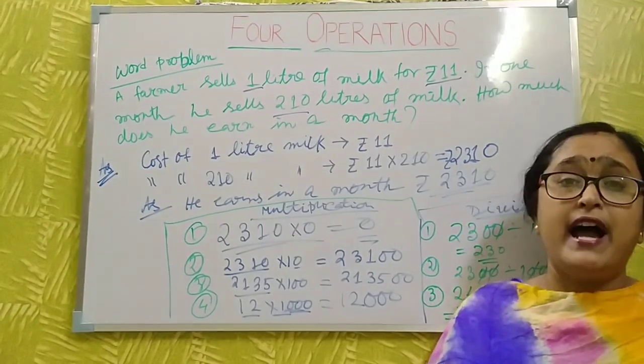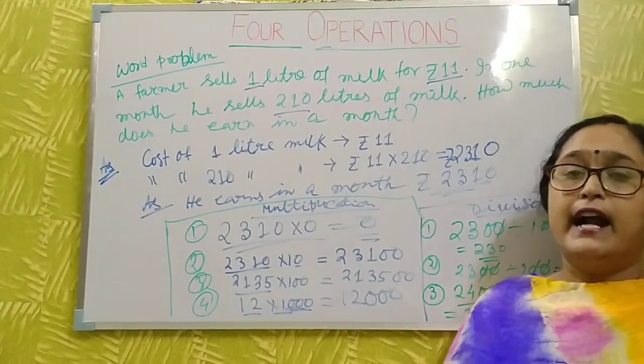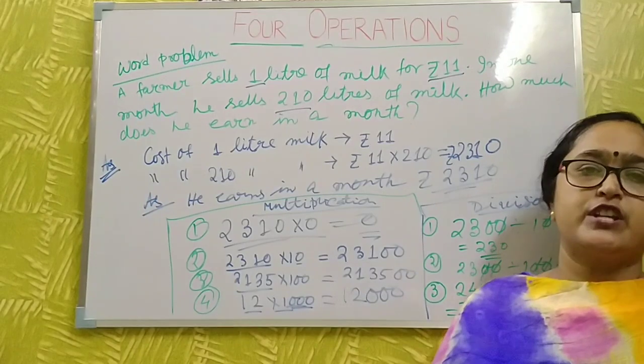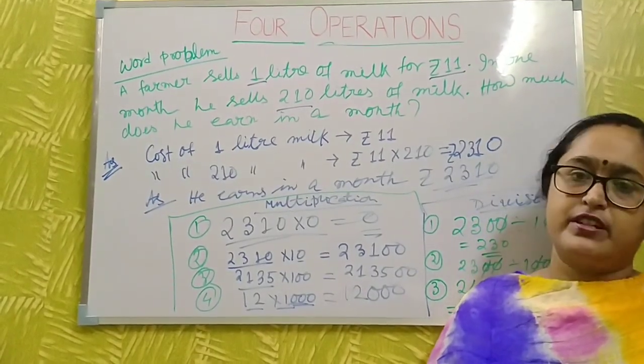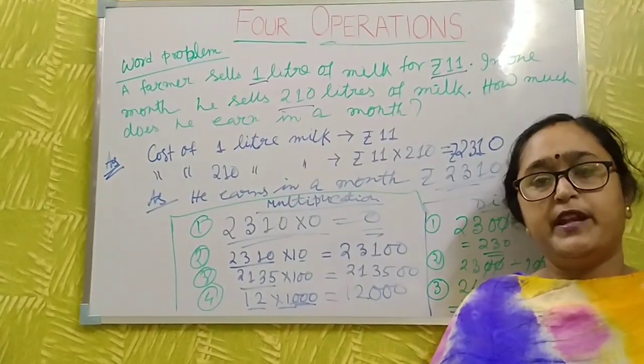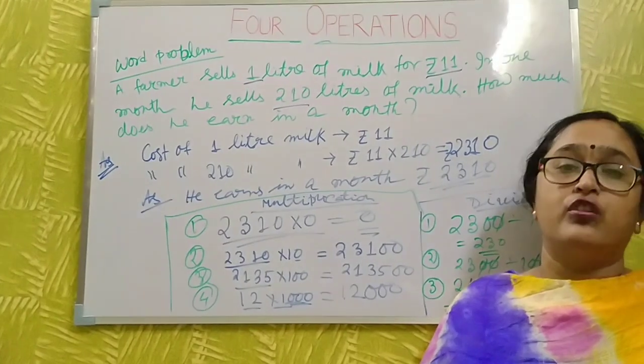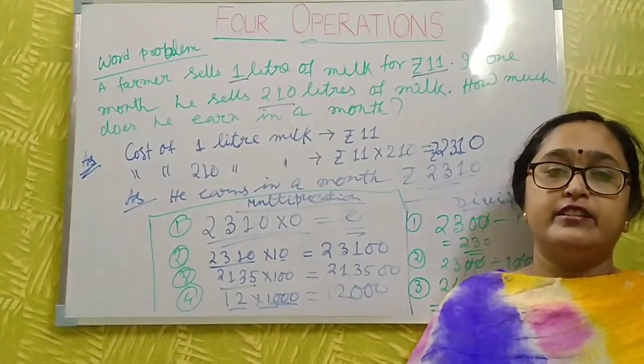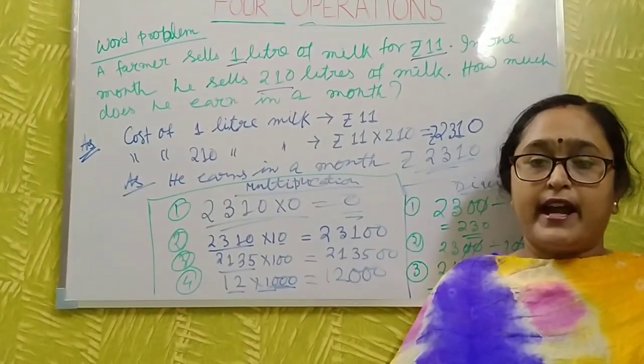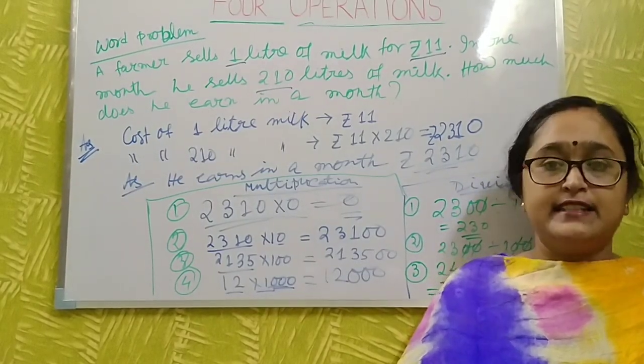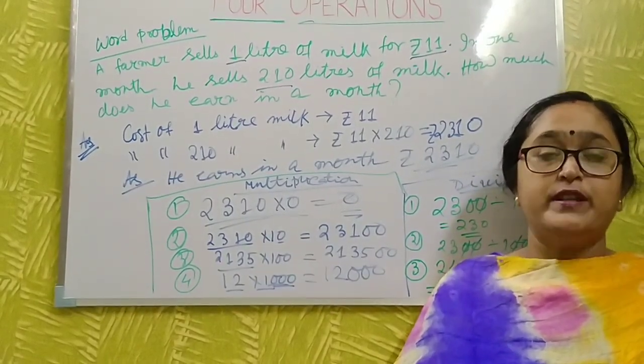Please do the maths in your home under this topic, 4 operations: addition, subtraction, division, multiplication. This is my request. Please don't sit alone. Don't sit free. Just do the practice maths and any other subjects also in your home in this lockdown session.